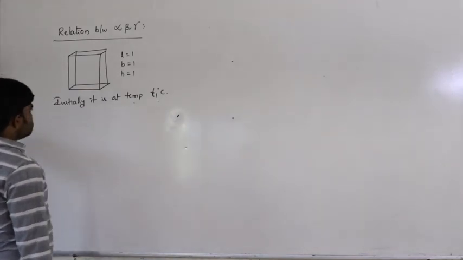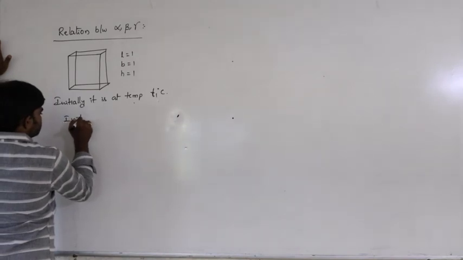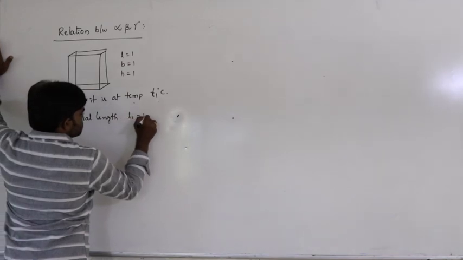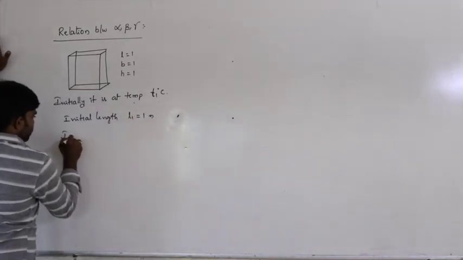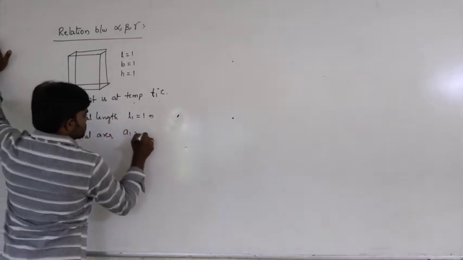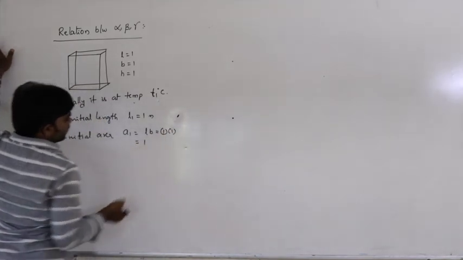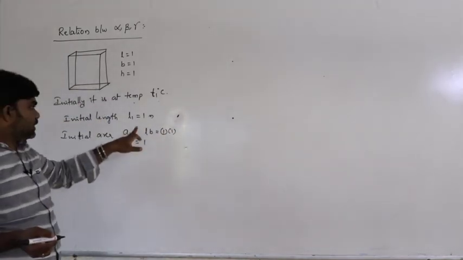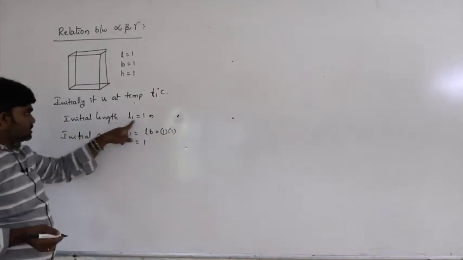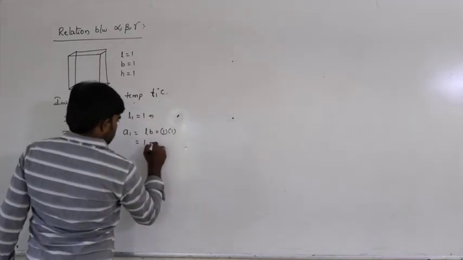Now the initial length L1 is equal to 1 meter. Initial area, let us say A1, is equal to length into breadth, that is 1 into 1, so that is 1, L square, because all the sides are the same.